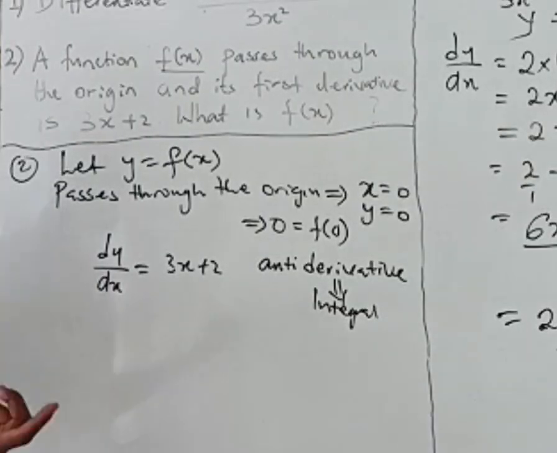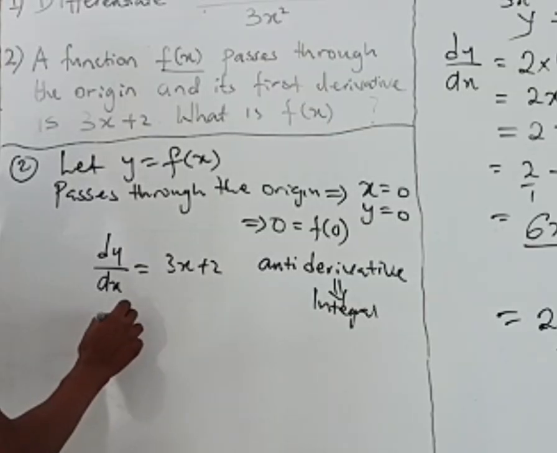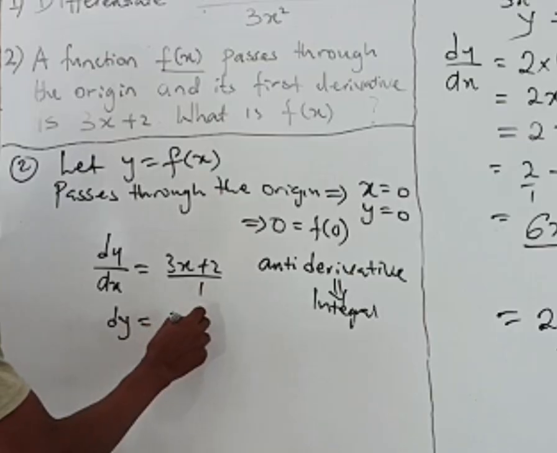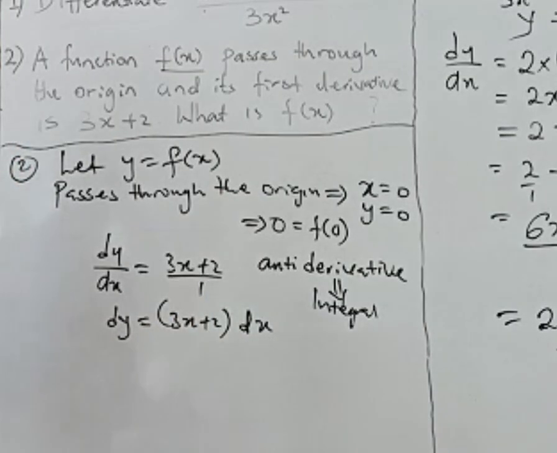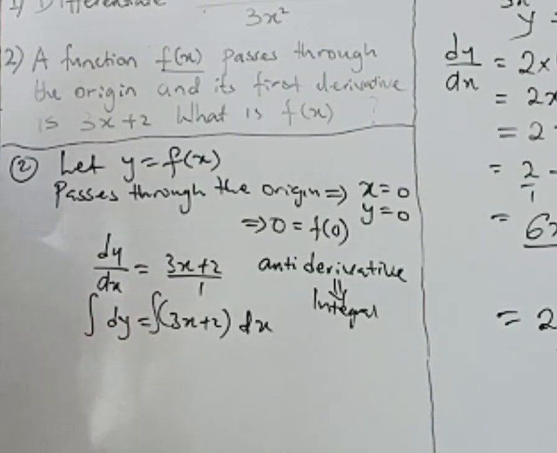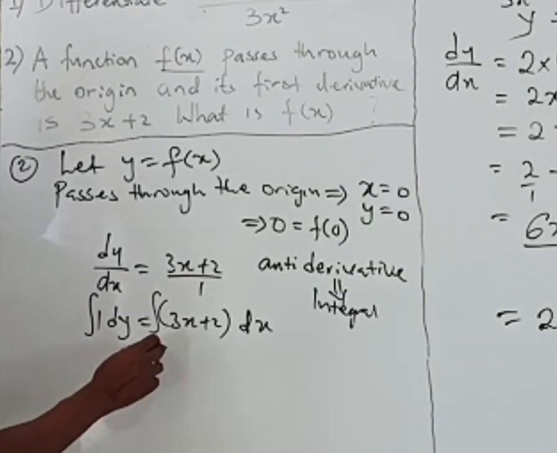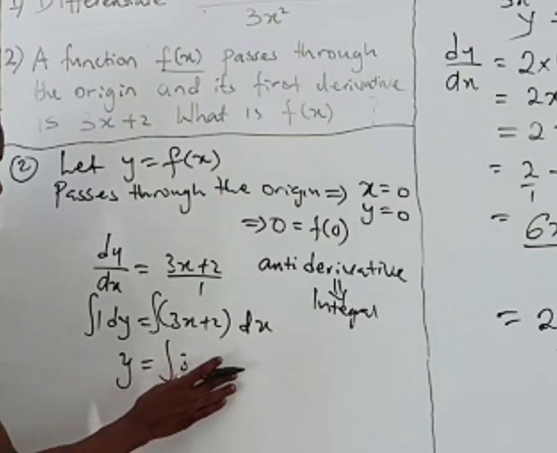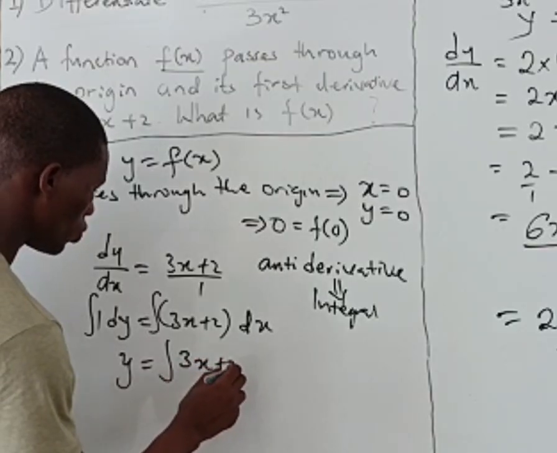So how are we going to do the integration? What I'm going to do is this now becomes dy, because this is all over 1, right? So dy equals 3x plus 2 dx, right? Then we take the integral of both sides. So when we take the integral of y, it becomes y equals the integral of 3x plus 2.